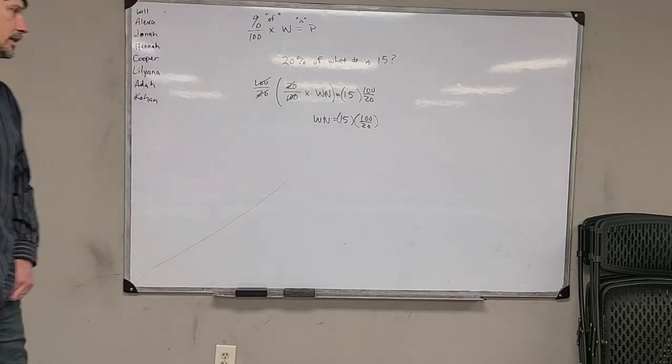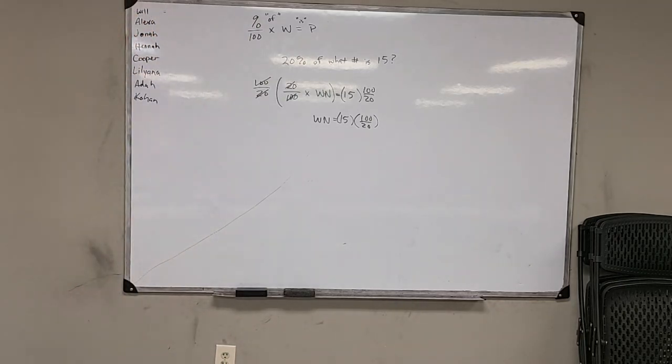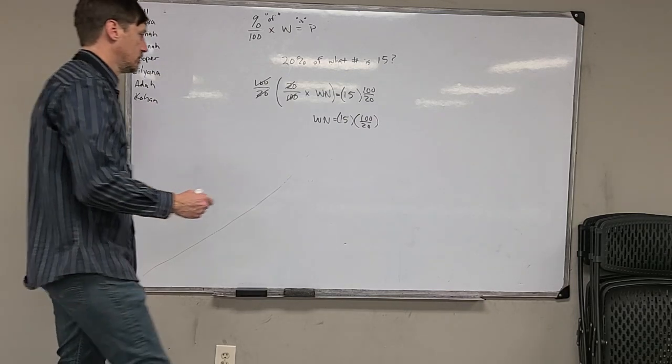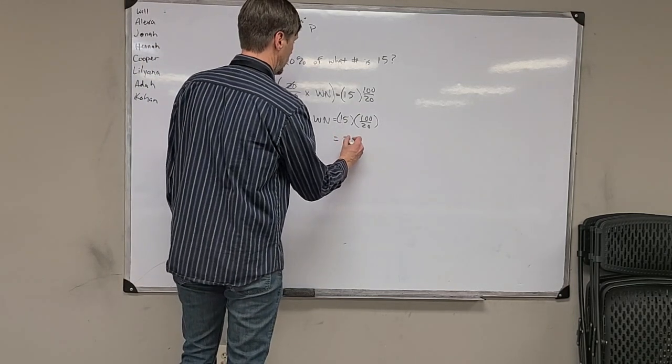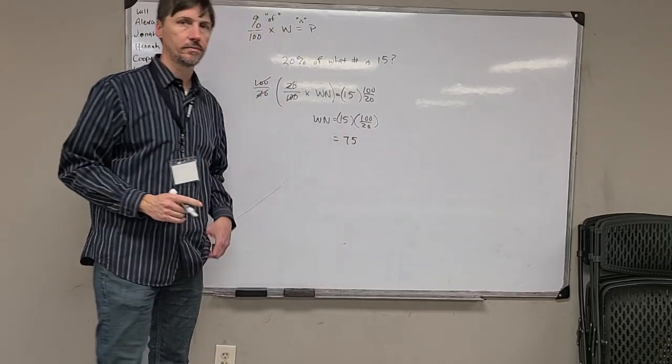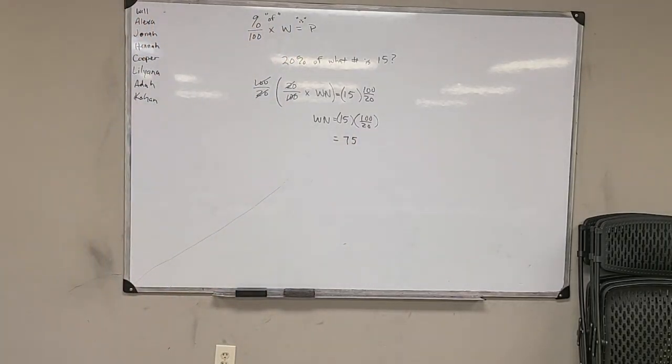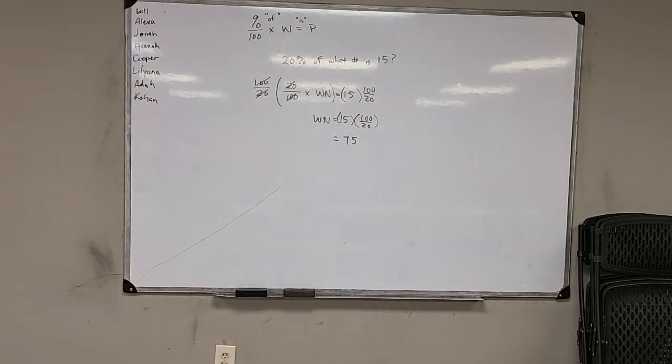Now again, I can think of that in my head. 20 will divide into 100 5 times. So 5 times 15, that's what, 75? So our number is 75. Is that right? Yes.